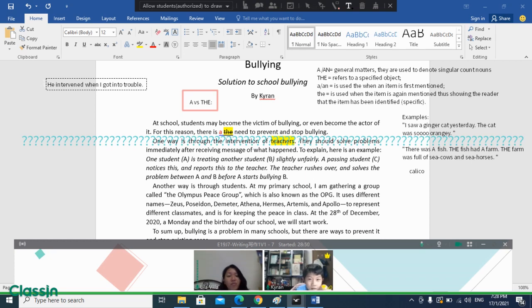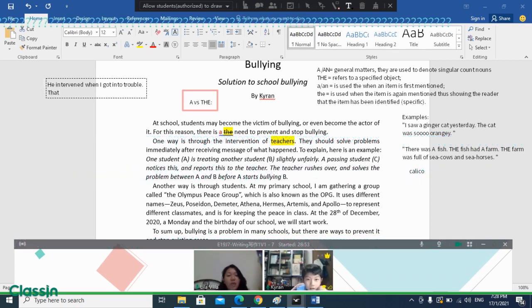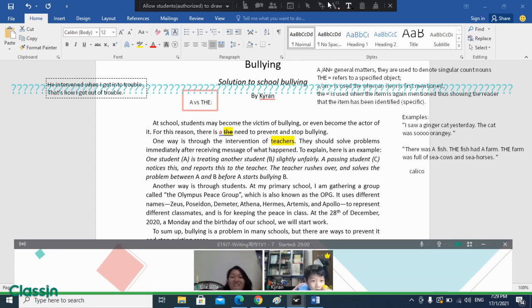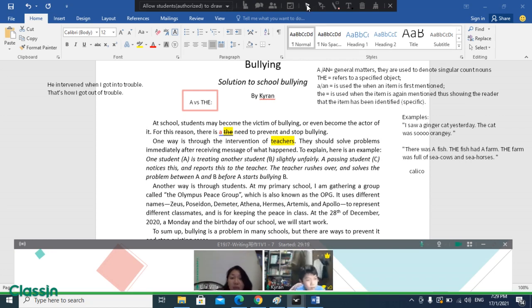He intervened when I got into trouble. That's how I got out of trouble. Try to guess what intervention or intervene means. He came in and helped somebody, in this case me, out.